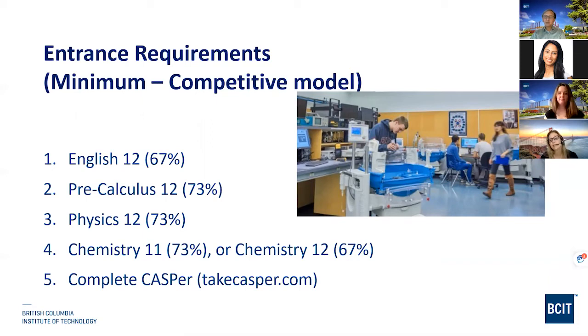If you have any questions about meeting the English entrance requirement, please connect with Program Advising. We can talk to you about that. The program also requires pre-calculus 12, 73% or higher. Foundations of Math 12 is not accepted, so please keep that in mind. Pre-calculus 12, 73% or higher. And lastly, chemistry 11, 73%, or chemistry 12 with 67% or higher.